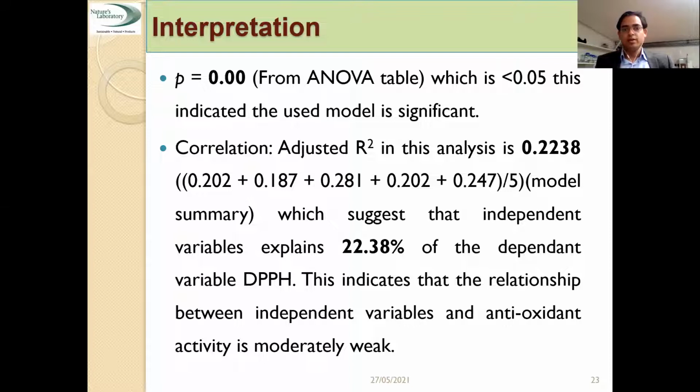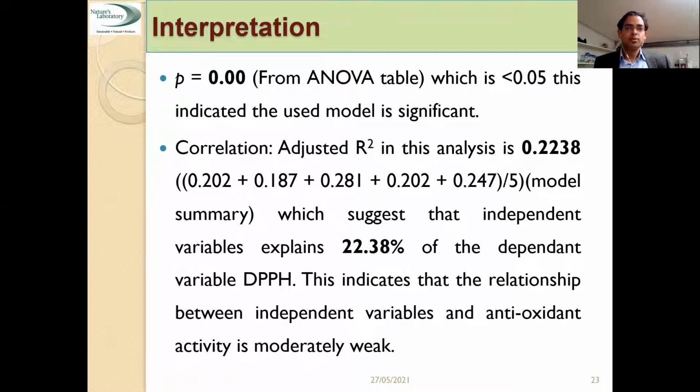The correlation here between the dependent and independent variables is slightly lower, which is 22.38%. So what we can say is that our model suggests that the relation between the dependent and independent variables is moderately weak.